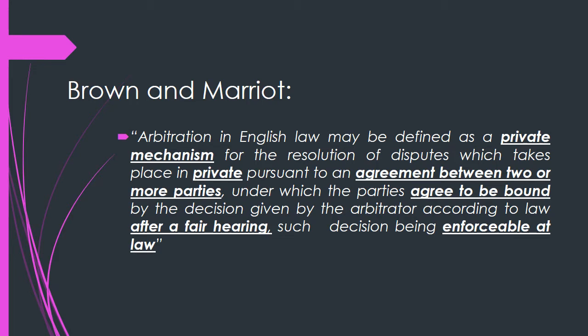You can see I highlighted that arbitration is a private mechanism, and then it comes into existence pursuant to an agreement between parties, and the decision given by an arbitrator is given after a fair hearing, and the decision is enforceable at law. Those are the major features of arbitration that Brown and Marriott have pointed out in their definition.